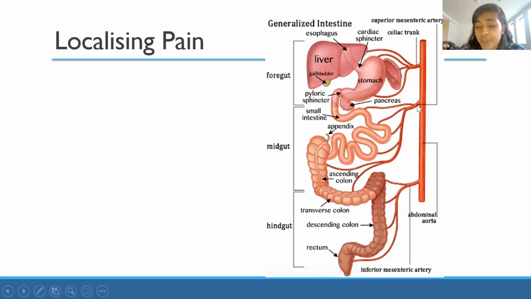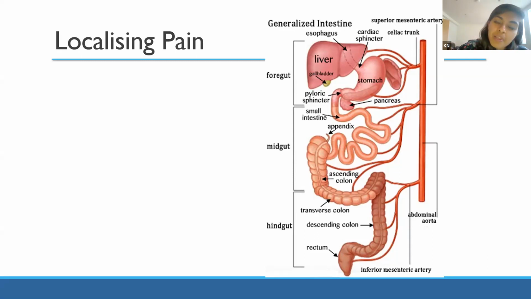The second is the superior mesenteric artery. This goes from the duodenum down to two thirds of the way along the transverse colon. And the third is the inferior mesenteric artery. This covers the last third of the transverse colon down to some of the rectum.